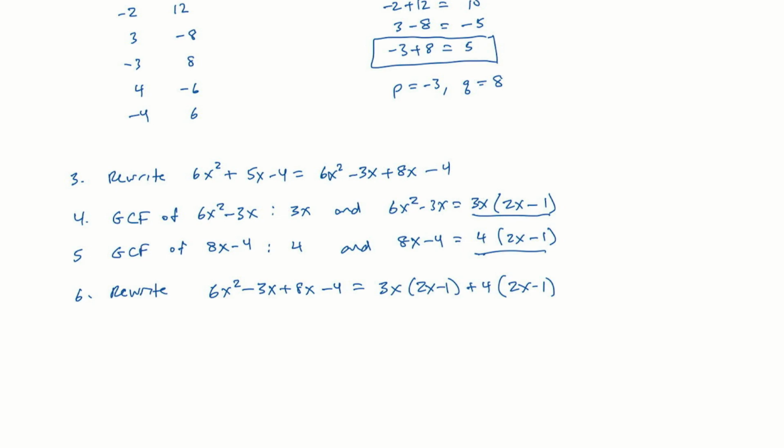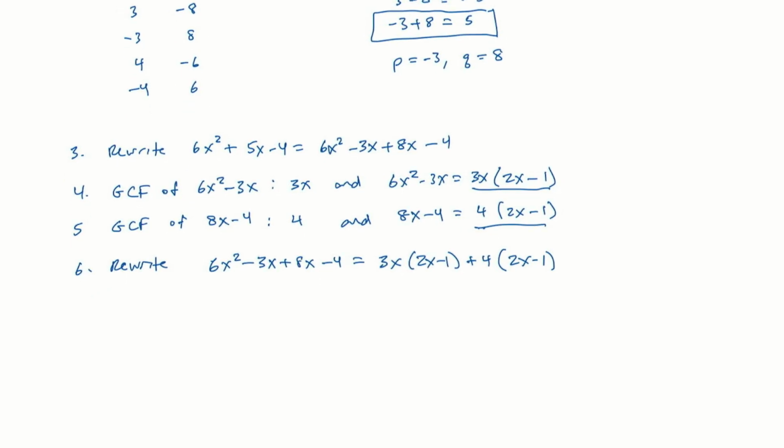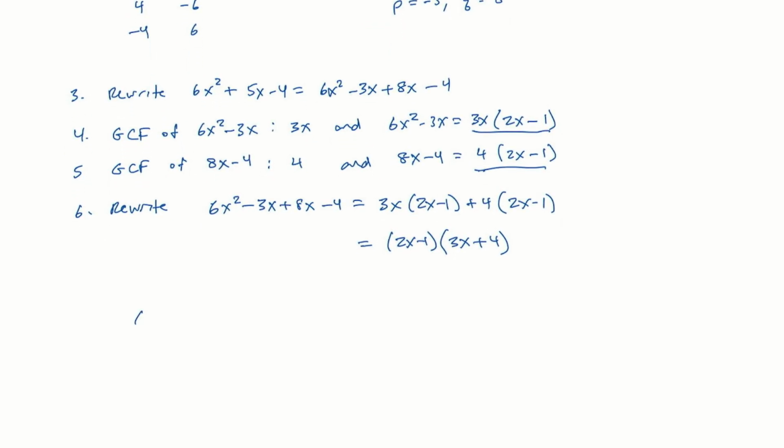Okay, so now we can factor out the greatest common factor of that, and that is going to be 2x minus 1. We are left with 3x plus 4. And so we have 6x squared plus 5x minus 4 is equal to 2x minus 1 times 3x plus 4.